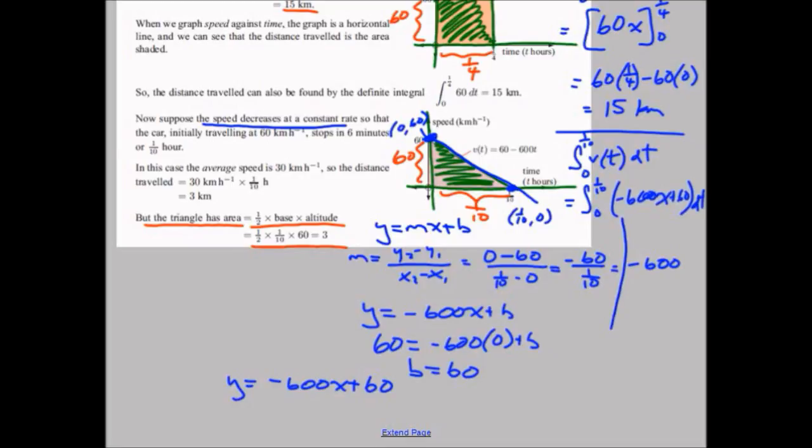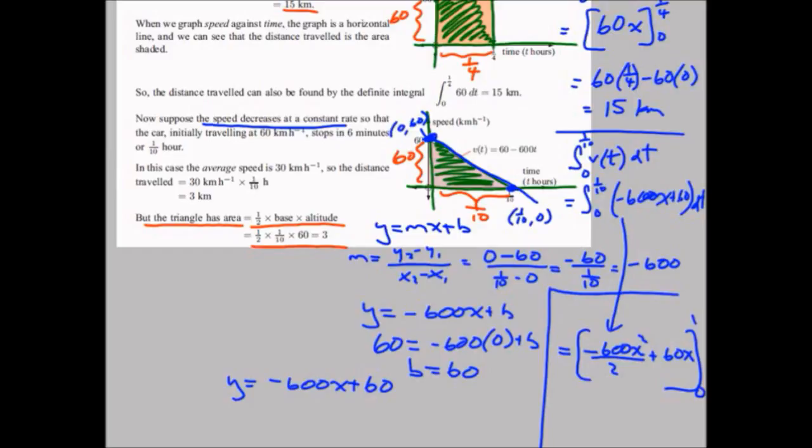All right, so then we can integrate that. That will equal negative 600, increase the exponent, and divide by that number, plus 60x from 0 to 1/10. As you can see, this is actually a lot longer than just doing it geometrically, but just showing the point that we can do this.